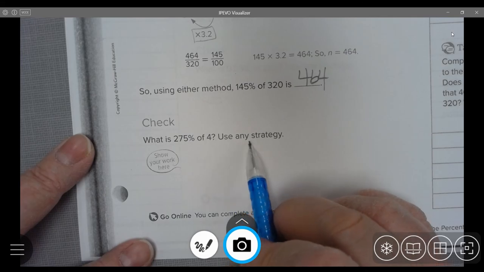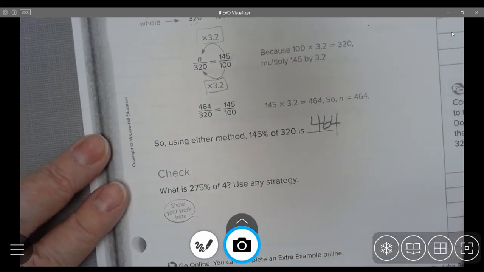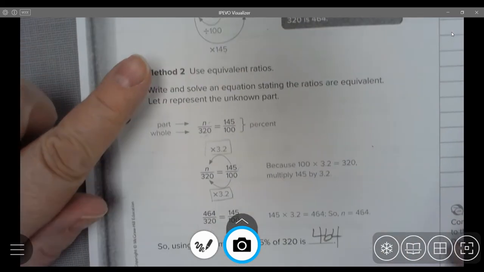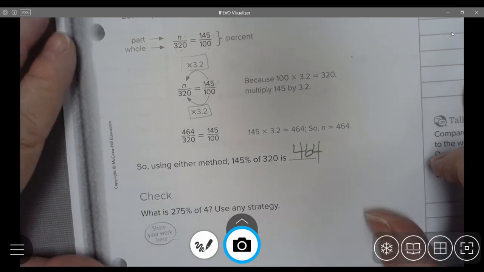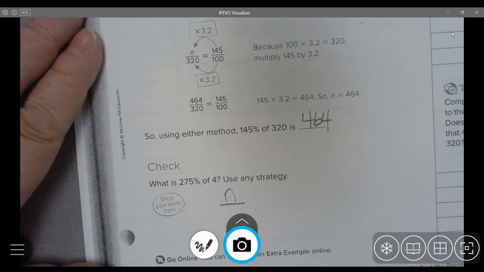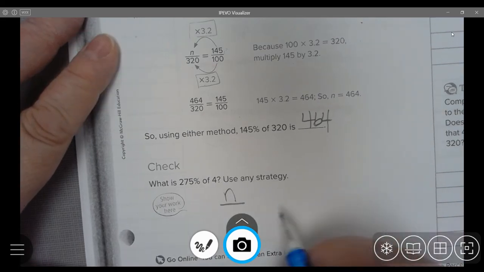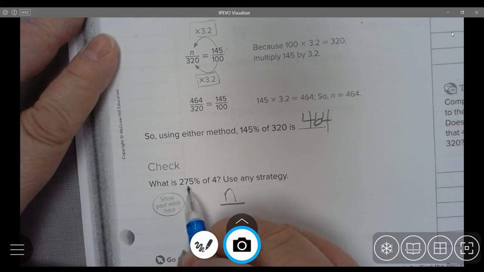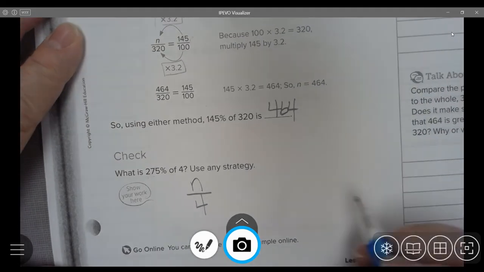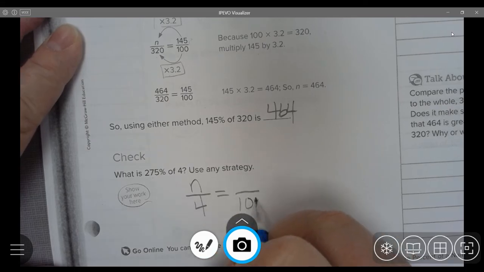Check, what is 275% of 4? So one thing I can do, I could use a ratio table, or I could do the equivalent ratios. And if I'm doing equivalent ratios, I don't know what the answer is, but I do know that the whole, I want 275% of 4. The whole is 4. This would equal 100%. 4 is equal to 100%, but we want 275%.